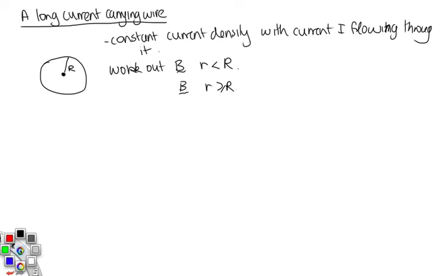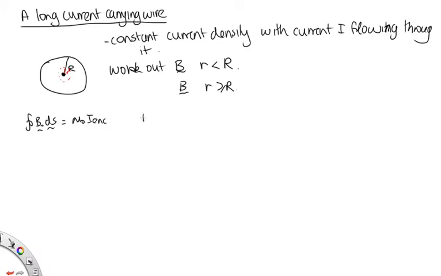Okay, so first of all, considering a radius inside the wire, here's our little r. We know from Ampere's law that the integral of B dot ds is equal to mu naught I enclosed. So what we need to do is work out how much current is enclosed. We know that the current density is constant over this wire, and across the entire area the current flowing through is I. Only part of that current I though will be passing through this loop.